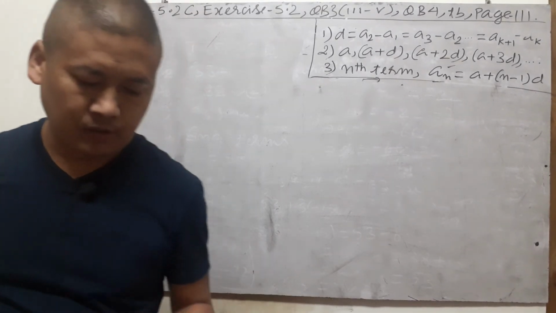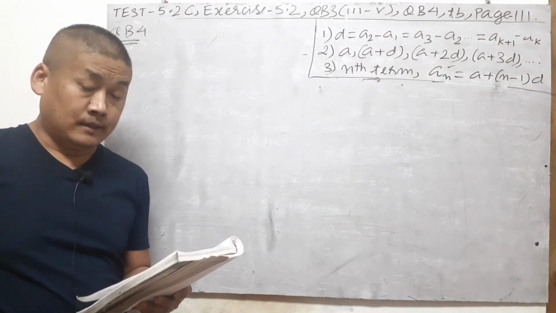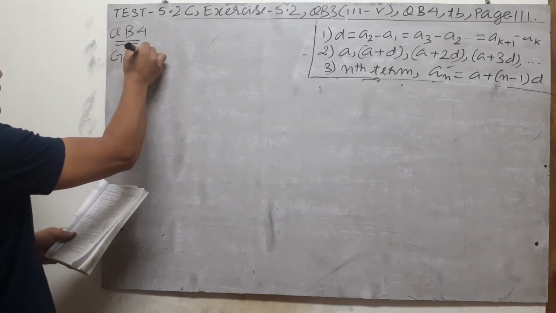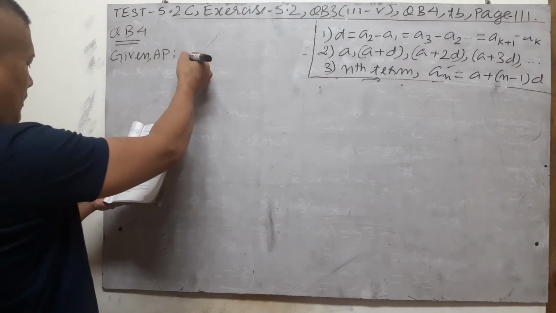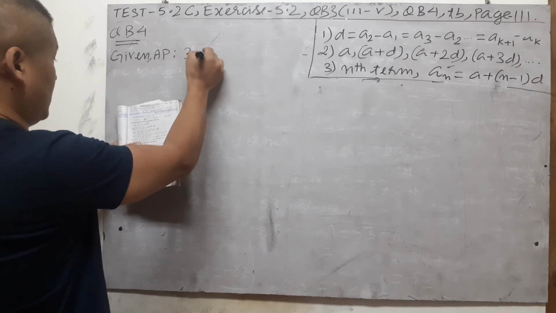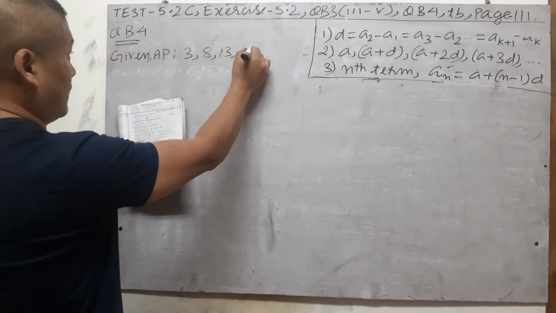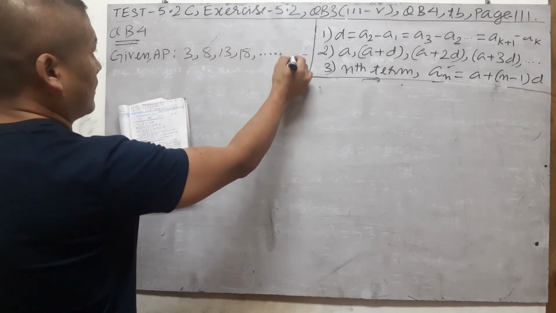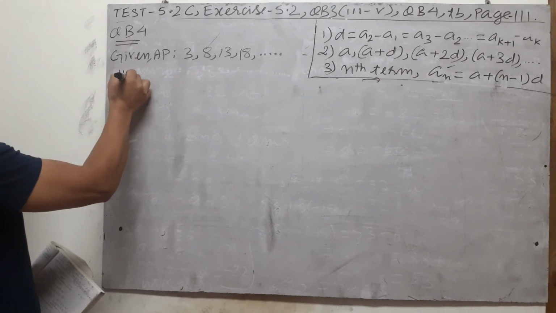Which term of the AP 3, 8, 13, 18, etc. is 78? So the given AP is: first term A is 3, A2 is 8, 13, then 18, etc. Write it out here.